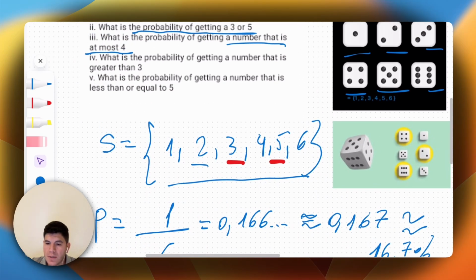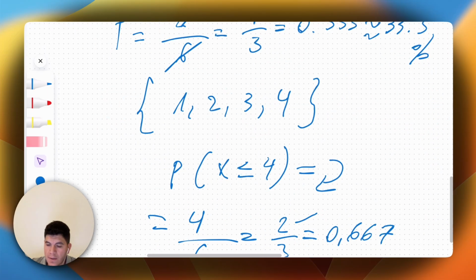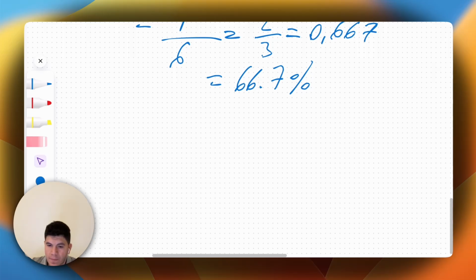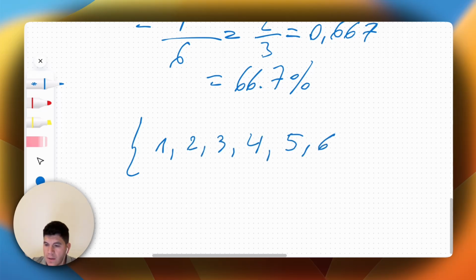Okay, the next question is, what's the probability of getting a number that's greater than 3? Let's have a look at that. Greater than 3 means these are the outcomes that we can get: the numbers 4, 5 and 6.